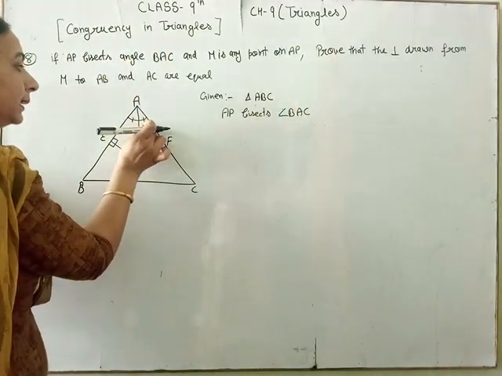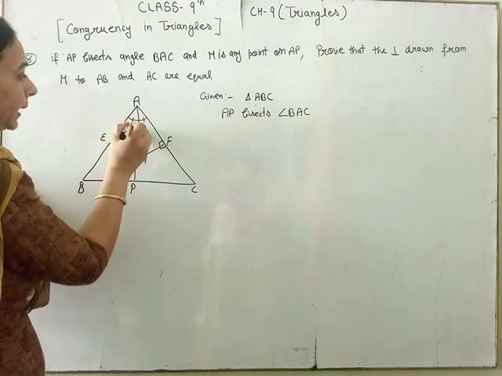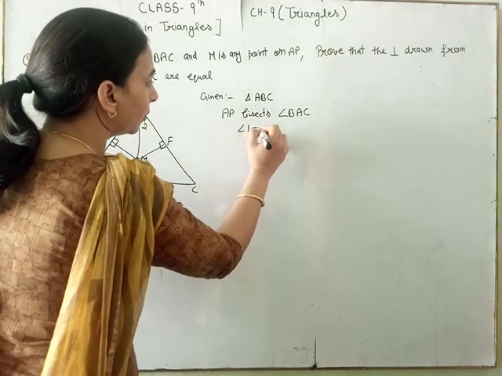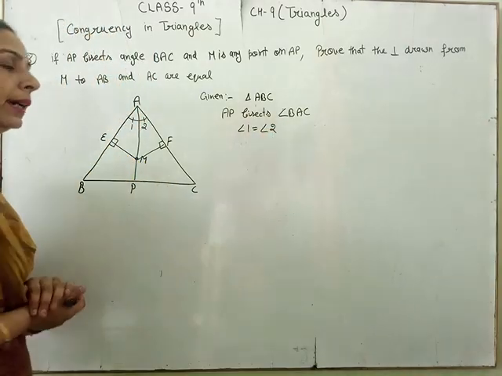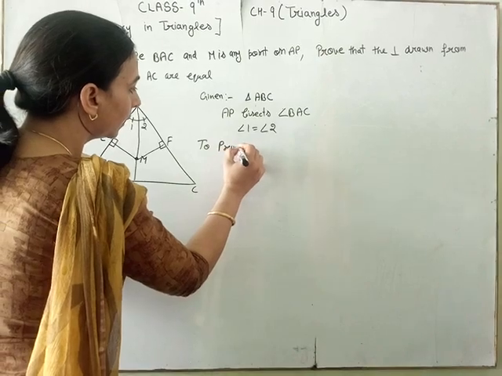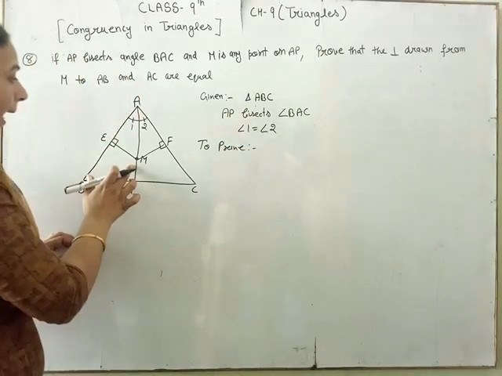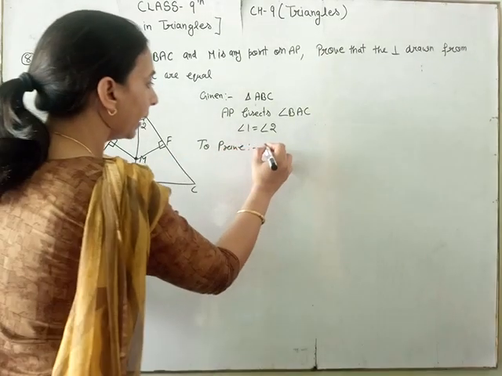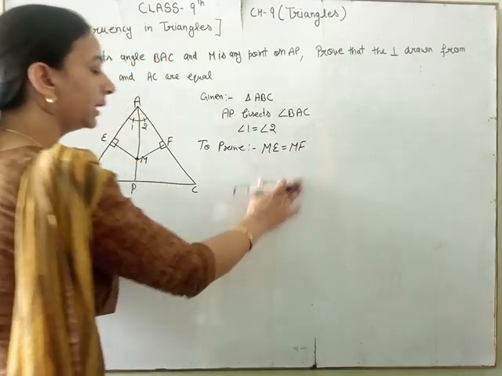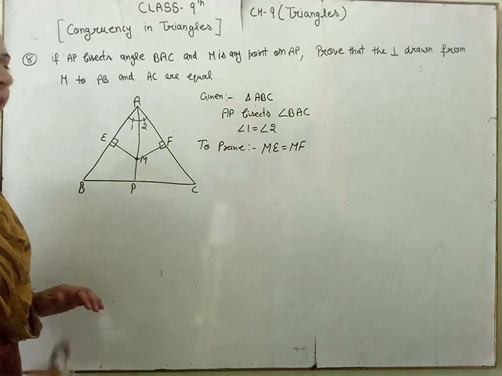So this angle and this angle are both equal. Let us call this angle 1 and this angle 2. Then angle 1 equals angle 2. This is given. Next, to prove: we have to prove ME equals MF.